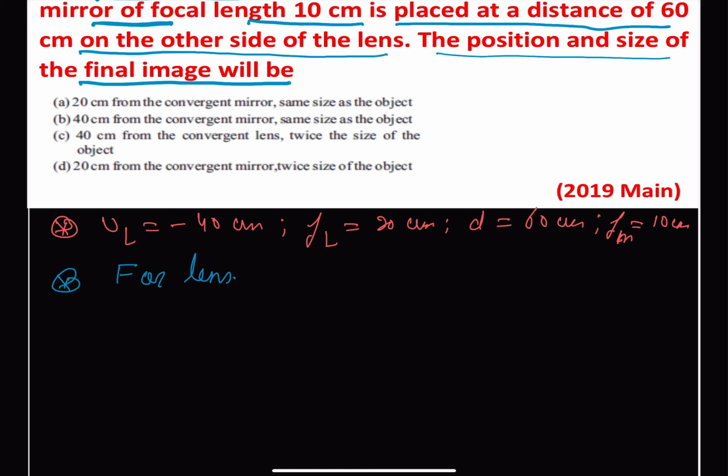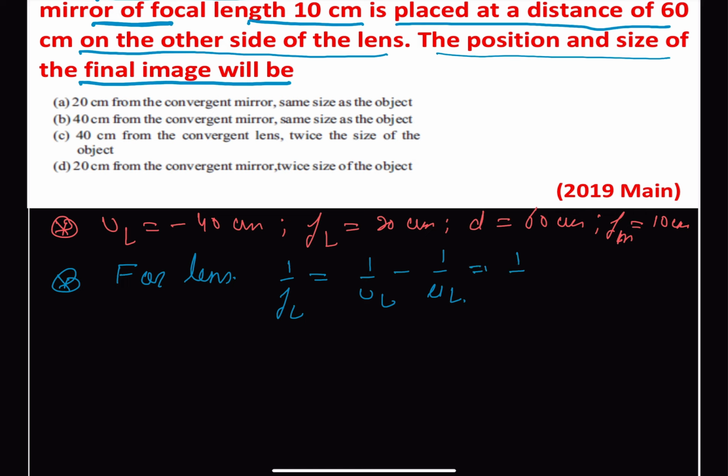So we are going to use the lens formula for the lens first. For the lens we can write 1 upon FL is equal to 1 upon VL minus 1 upon UL.